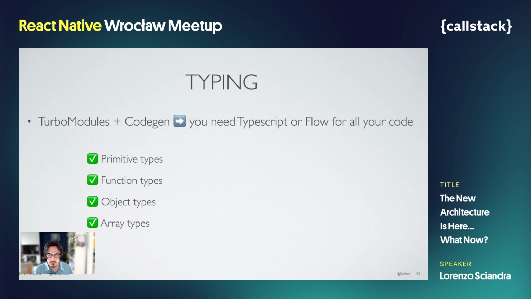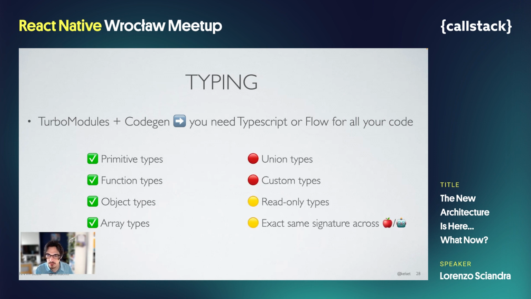Then you look a bit closer and realize that union types and custom types are not there. All the types can be read-only, and for the types you use to interact with native interfaces, you need to have the exact same signature across Apple and Google's systems, so iOS and Android.